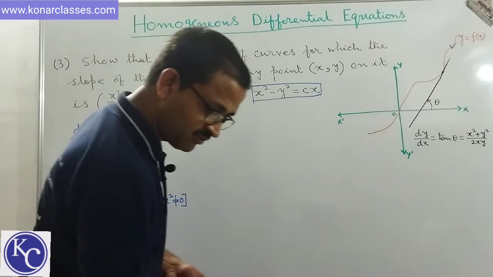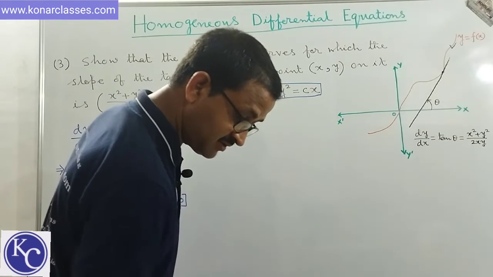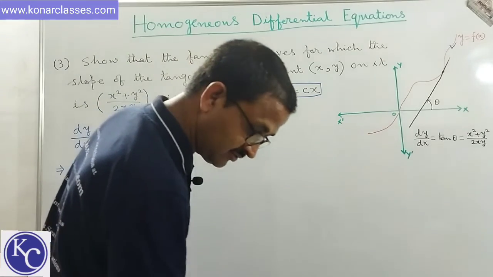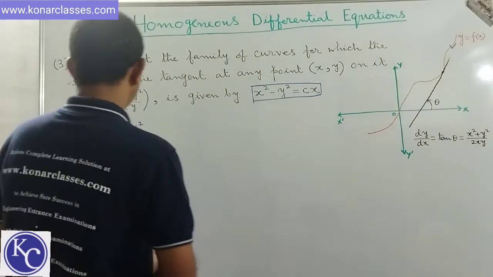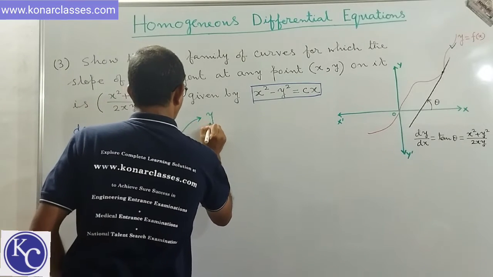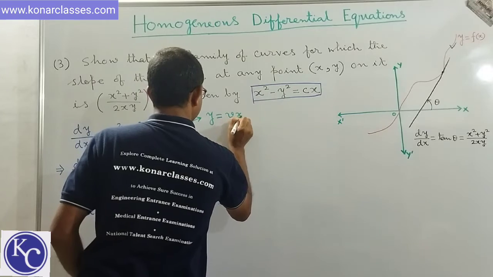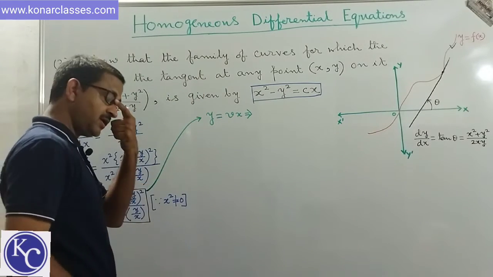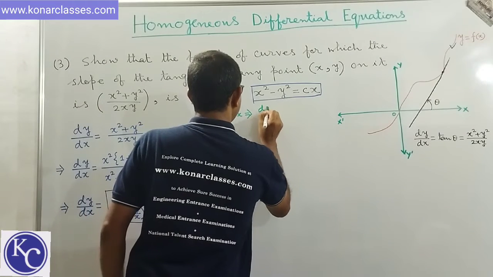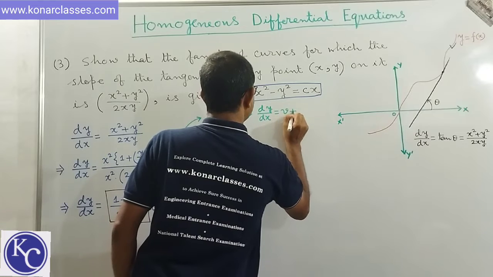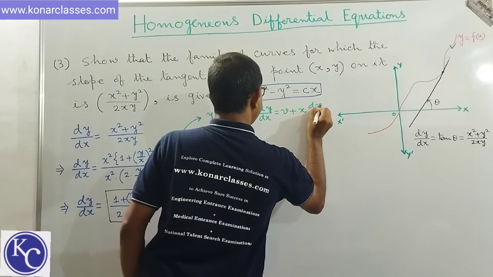So now the standard procedure, you are masters in this by this time, is that we make the substitution y equal to vx. So y equal to vx implies, if we differentiate both sides with respect to x, dy dx is equal to v plus x into dv dx.